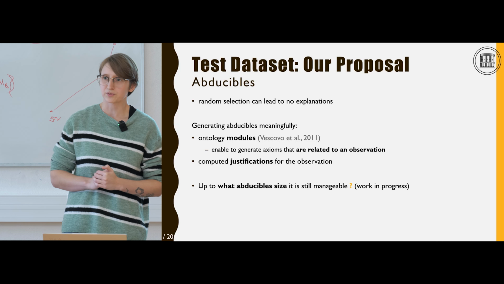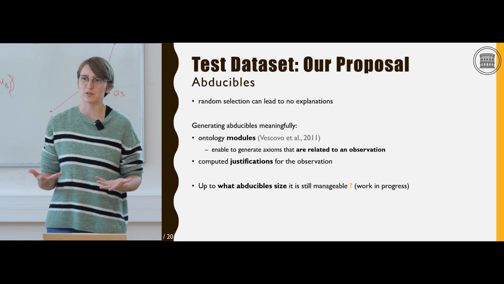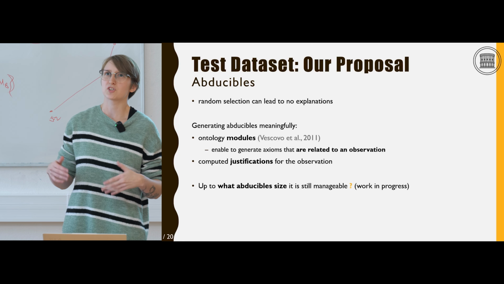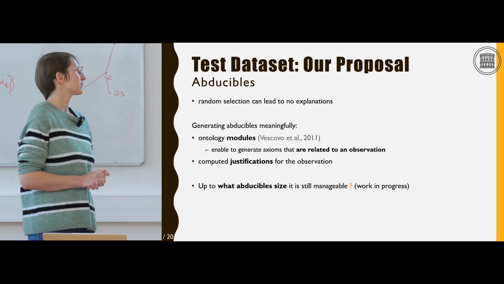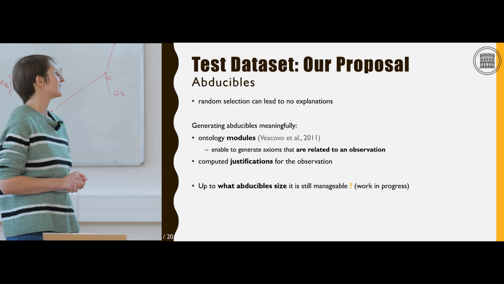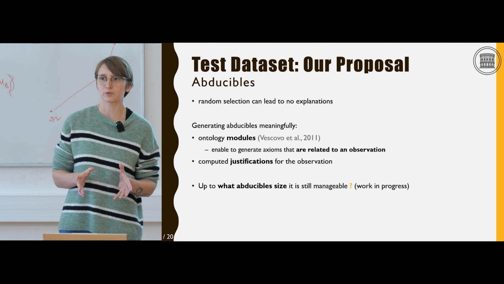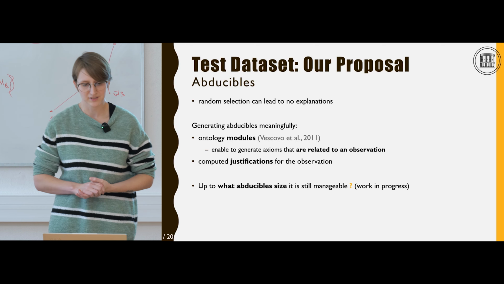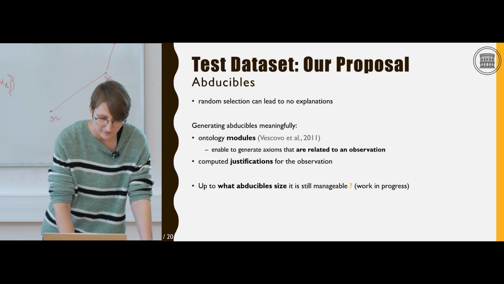First, ontology modules, which enable us to get assertions which are connected to our observation. And then we can also use the justifications that we computed for the observation, because they should include things that should definitely be in those abducibles. So those are two important things.